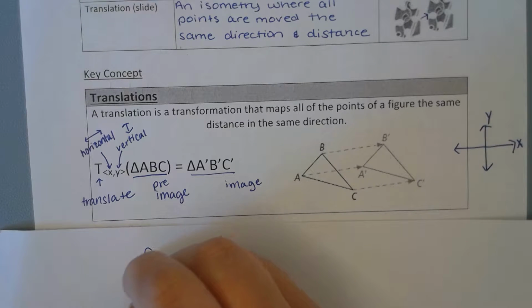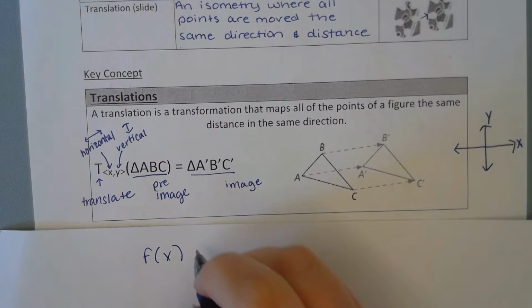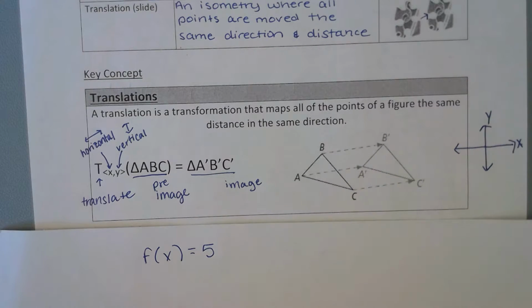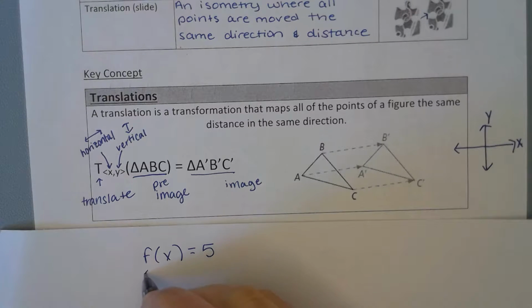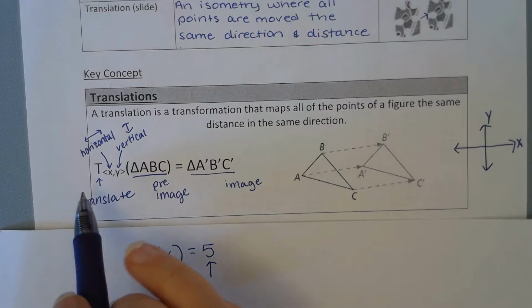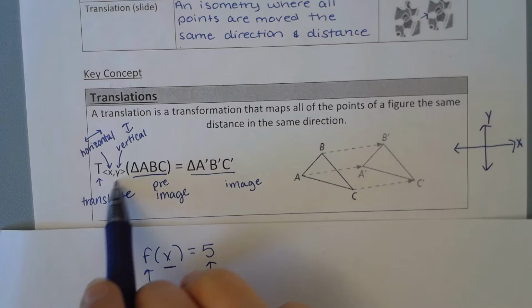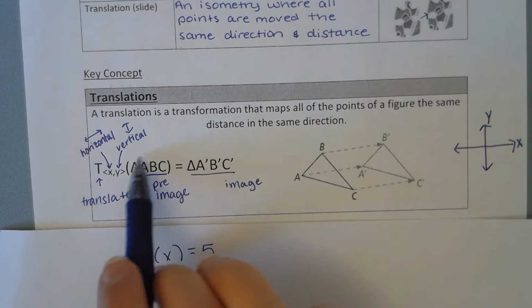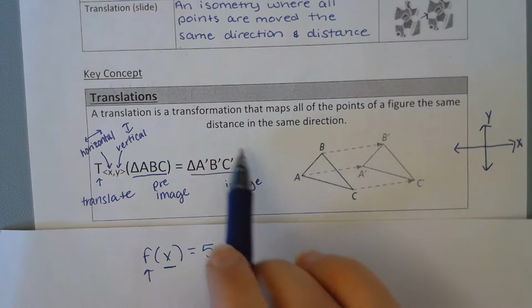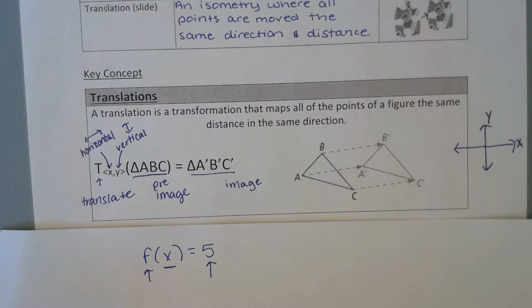When you saw f of x equals 5 in Algebra 1, this is their way of telling you that I'm doing function f to this value, and it gives me this answer. So here, you're doing this transformation to this triangle to give you this result. Same idea.